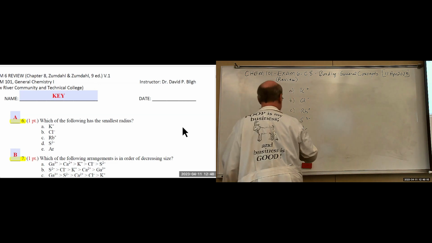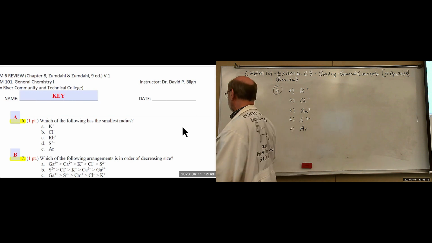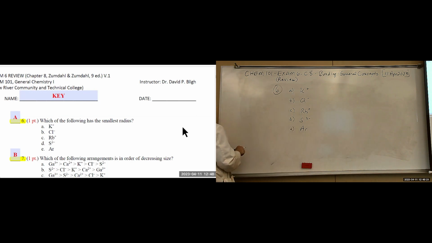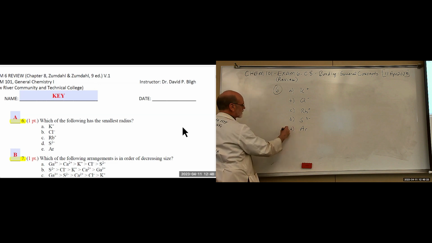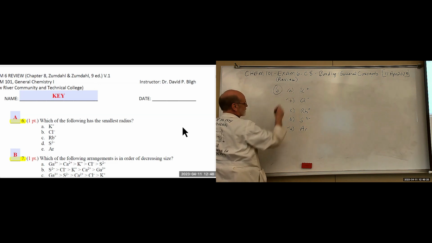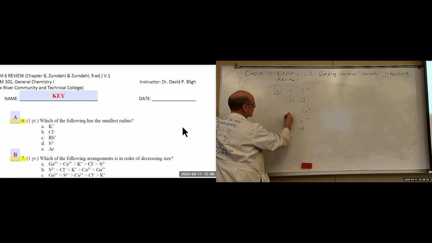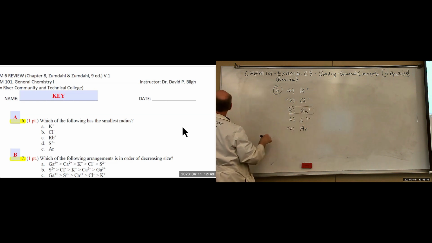Now let's see, are any of these isoelectronic? Here's argon. Move one to the left, there's chlorine, so that one is isoelectronic. Potassium backs up to here, so that one is. Rubidium doesn't fit, so it's not isoelectronic with anybody.